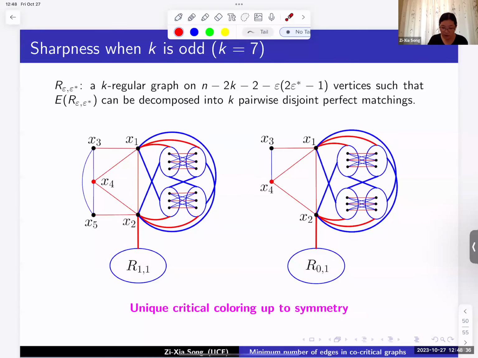This vertex is red adjacent to all the vertices in a k-regular graph; I pick a k-regular graph on these many vertices. Once again, how do you prove this coloring is unique? You first provide a critical coloring, then you have to prove it's unique up to symmetry. So this is a unique one.